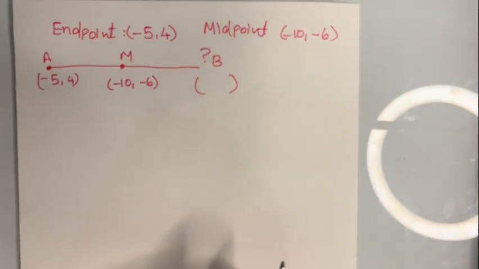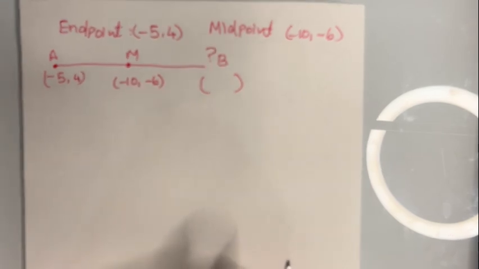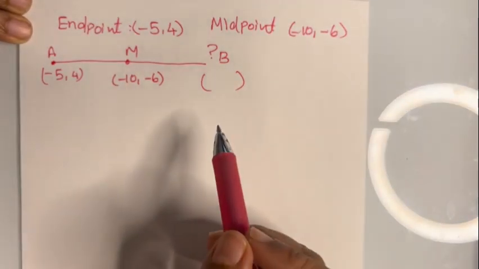So what is the x and y value? Again, you can use the algebra approach. You can use the formula and set up the midpoint formula: the average of the x values equals negative 10. Then solve it for x. Or you can use number sense.